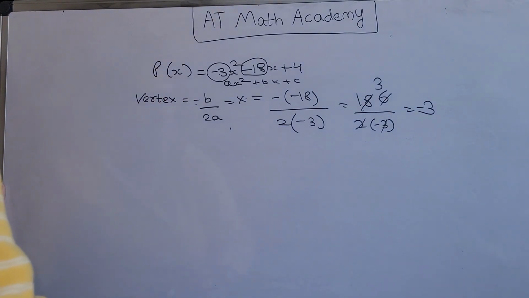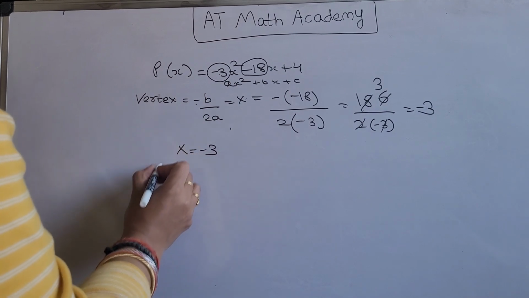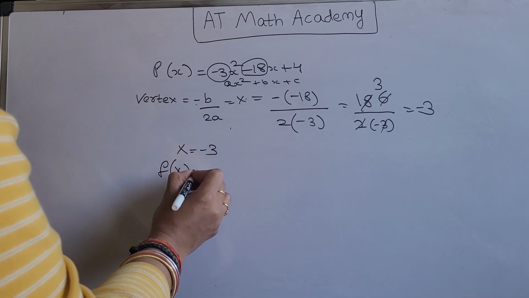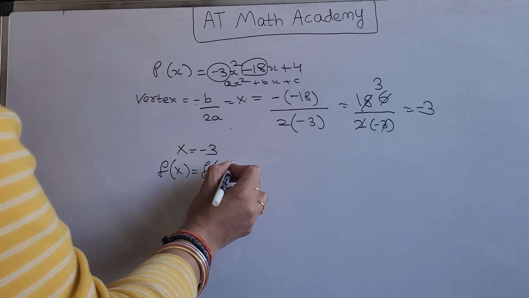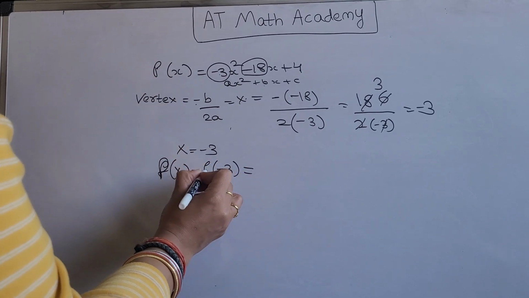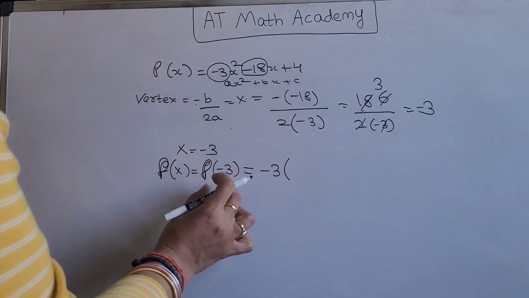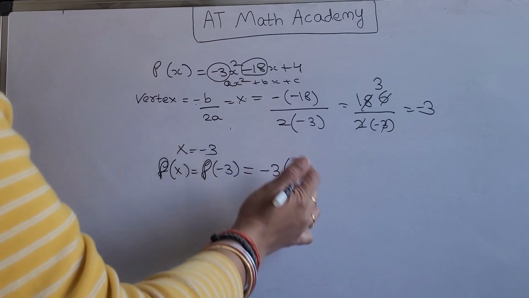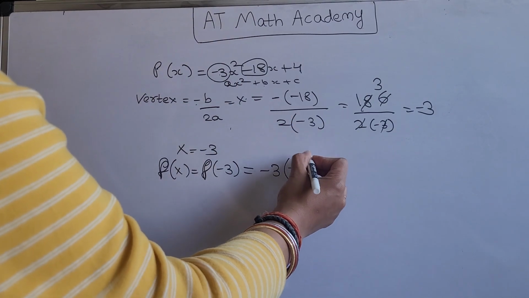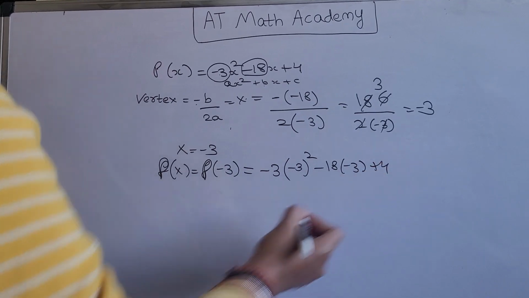So the vertex x coordinate is minus 3, and p of minus 3 is, substituting the x value as minus 3 in this equation, minus 3 times minus 3 square minus 18 into minus 3 plus 4.